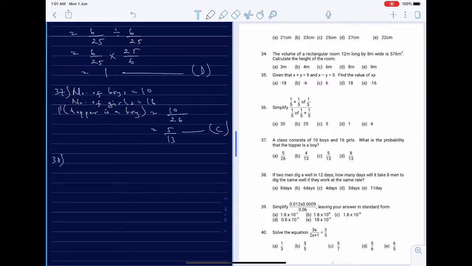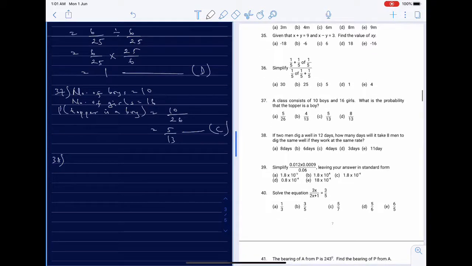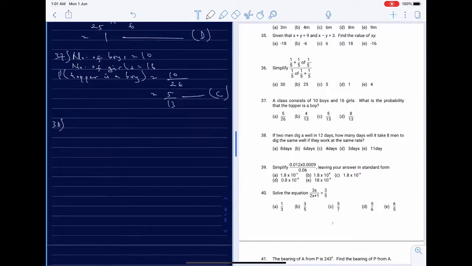Number 38. If two men dig a well in 12 days, how many days will it take 8 men to dig the same well if they work at the same rate? This is an inverse proportion. Two men dug the well in 12 days.